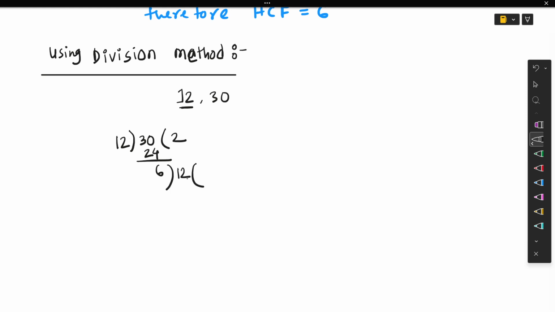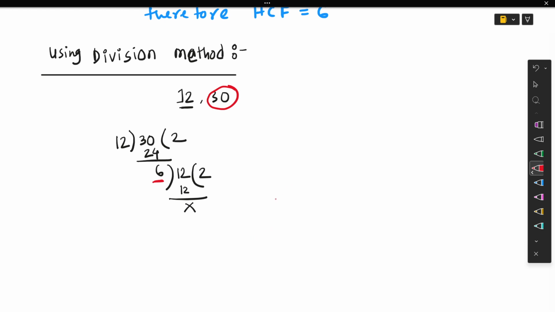So how many times will it go? It will go again 2 times. So we have no remainder. Now we will divide this 30 with this 6 again. Okay, and then I will explain why we are doing this.